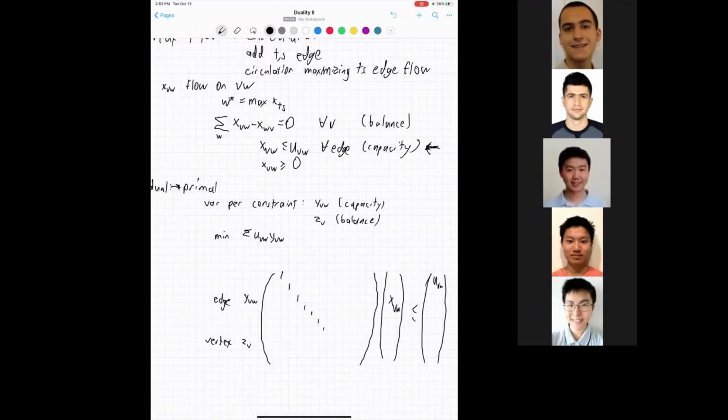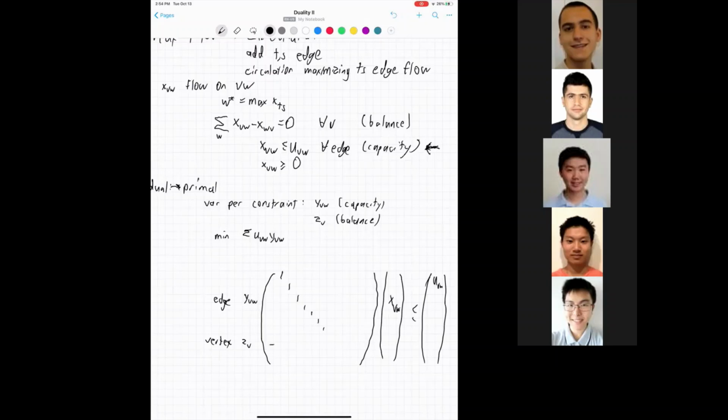Almost exactly right. I would put it just the opposite way. If we look at the coefficients on the balance constraint, you'll notice that edges leaving from V, those are VW edges. Those go with a +1. And edges leading to V, edges that form WV, those have a -1, right?